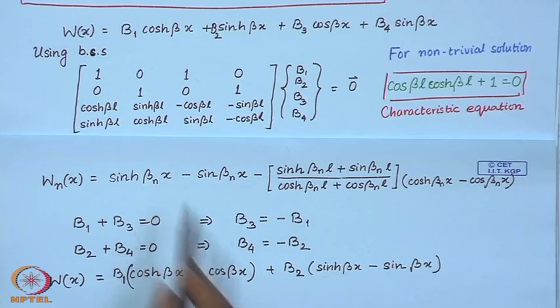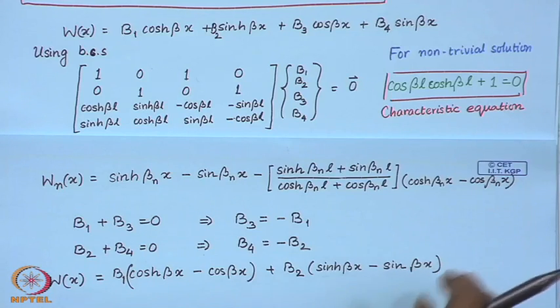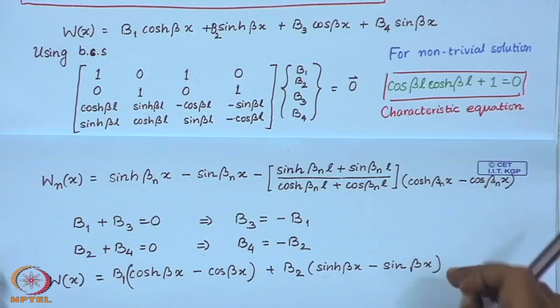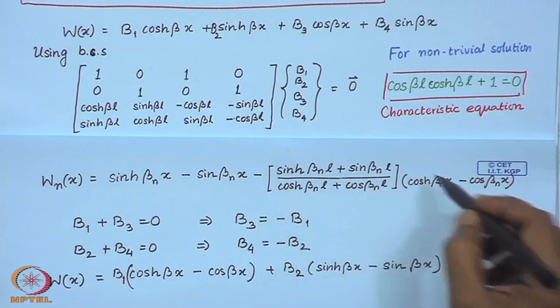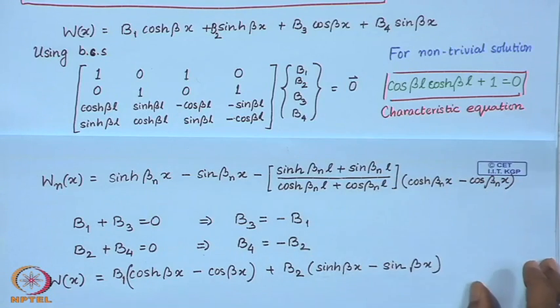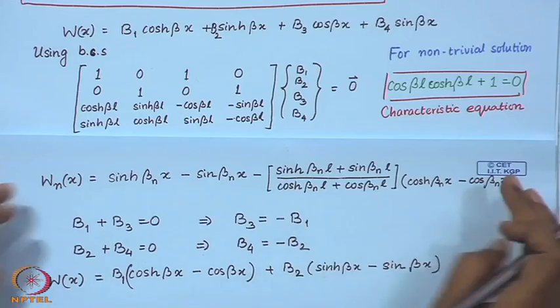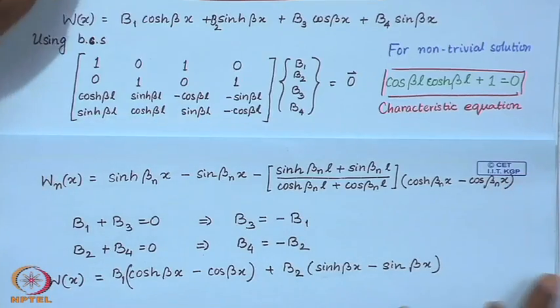So, that is proportional to this, and we have used the boundary conditions, and from there, as you can see, we have solved this and obtained this eigen function.